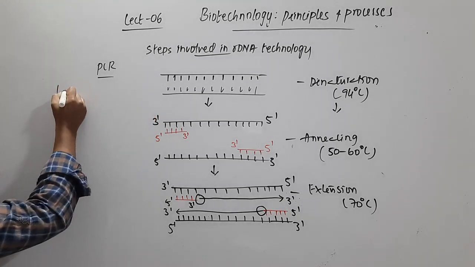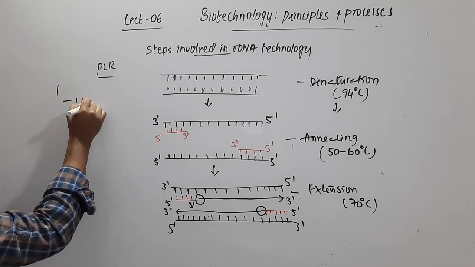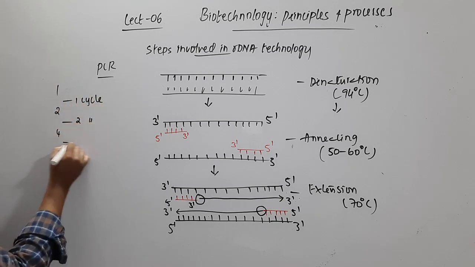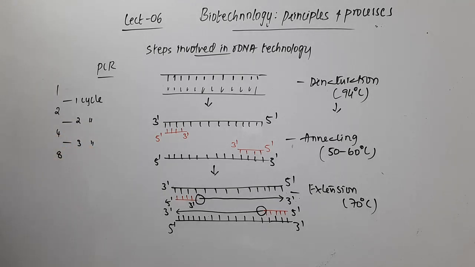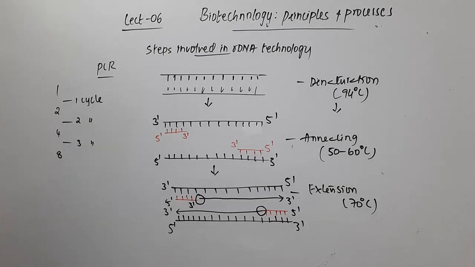So this one DNA molecule, after the first cycle it becomes 2, then after the second cycle it becomes 4, then the third cycle it becomes 8, 16, 32, and goes on in a geometric fashion, right? And after around 30 cycles, you can see that the gene of interest is amplified to around 1 billion copies.